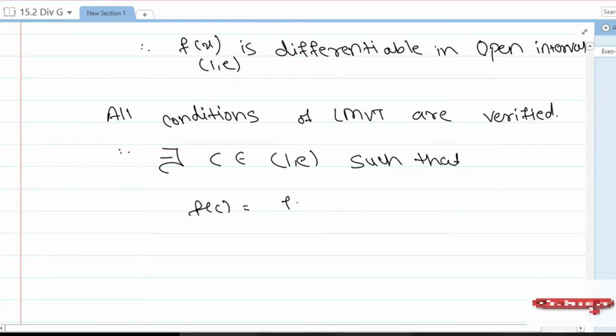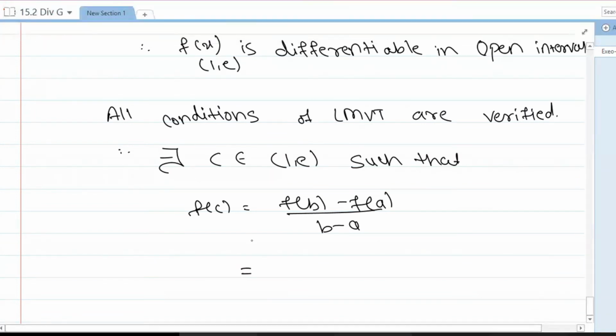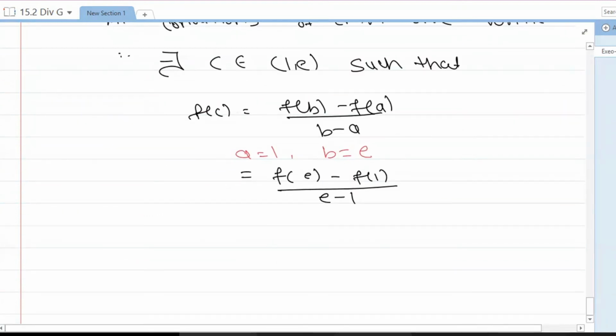f dash of c is equal to f of b minus f of a divided by b minus a. So what is value of b and a here? In given interval, a is 1, b is e. So according to that, f of e minus f of 1 divided by e minus 1.